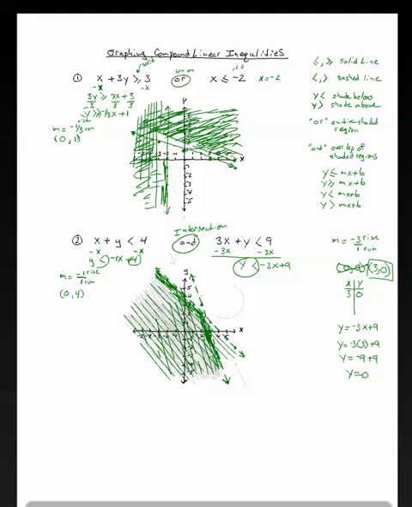We want everything that occurs in that cross-hatched region where our two shaded regions overlap. And once we get that shaded in nice and dark, we'll be done.